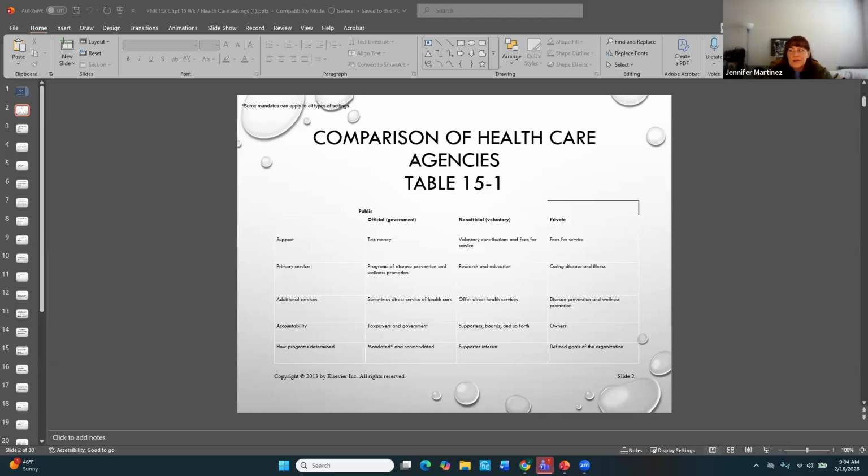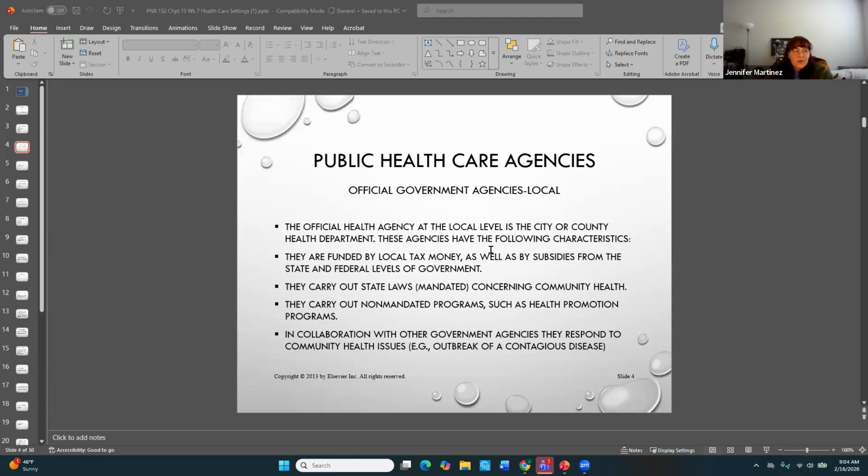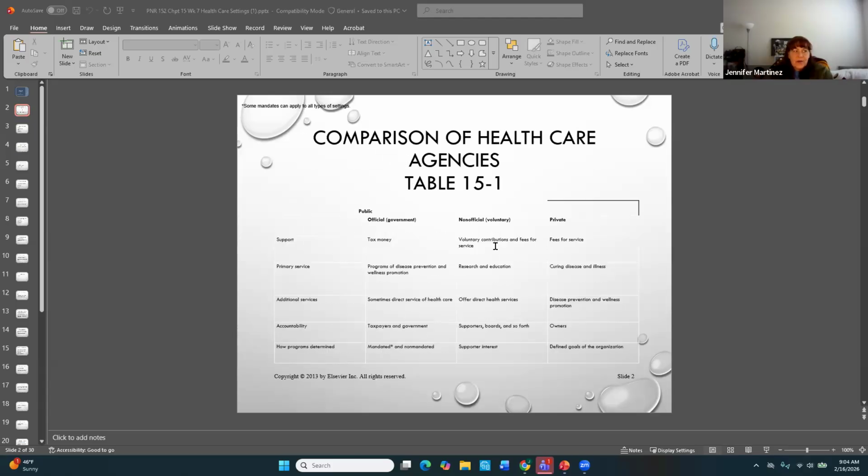So here are the major differences on this chart between your public and your private healthcare agencies. Here we have our public, official government, and then our unofficial or non-official, and then we have our private. I'll start with public.